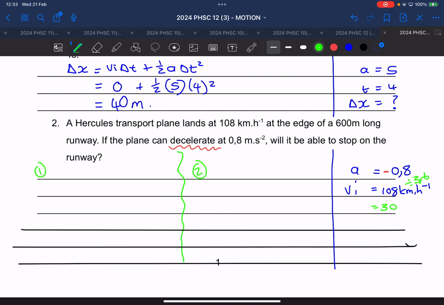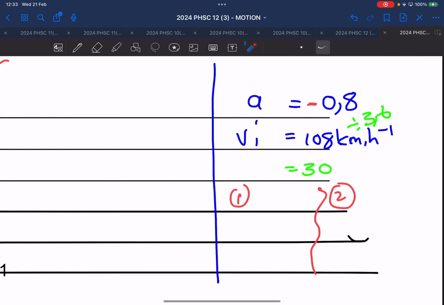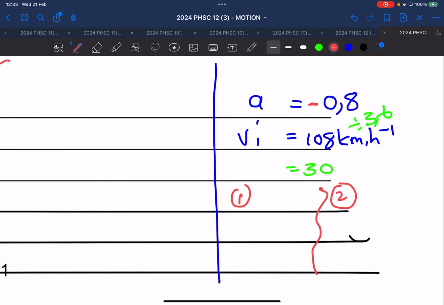Okay, so this is why you have two options. Because you can either say, alright, will it be able to stop in time on the runway? So, it didn't say it did stop. Will it be able to stop? So, in the first one, you can say, alright, if the final velocity is 0, if it comes to a stop, how long or how far, what distance did it take?